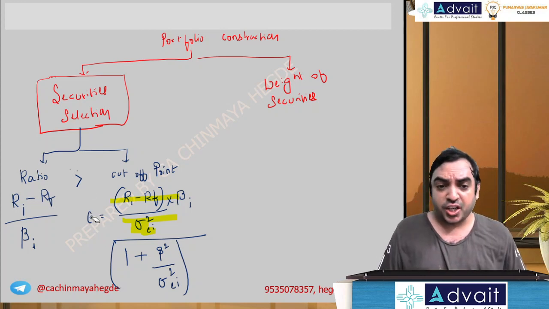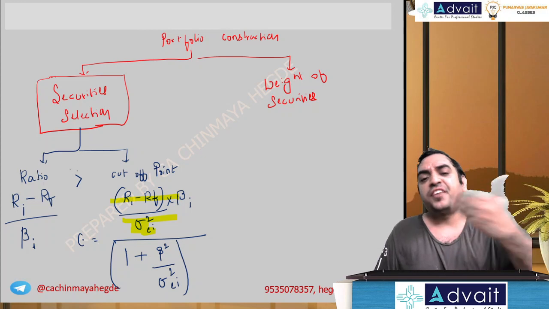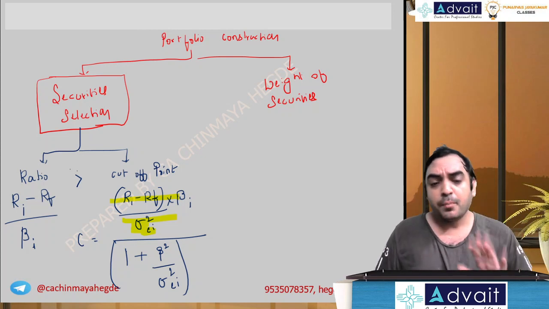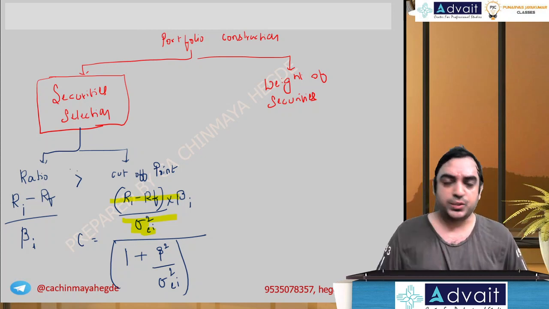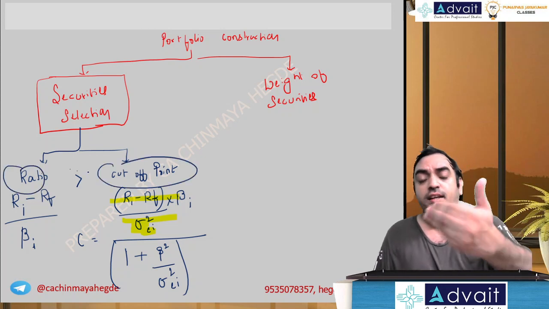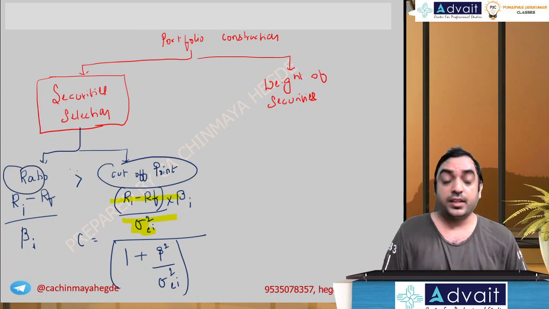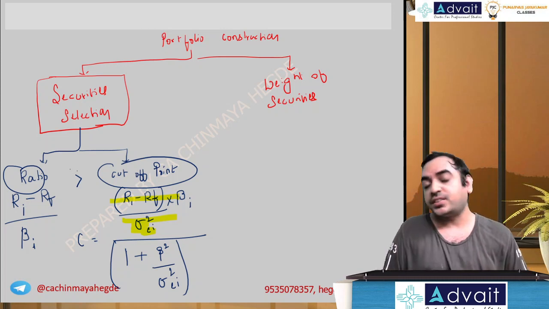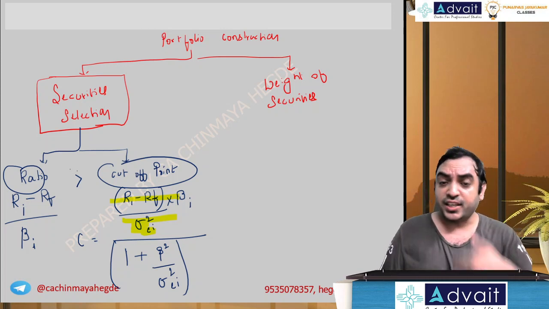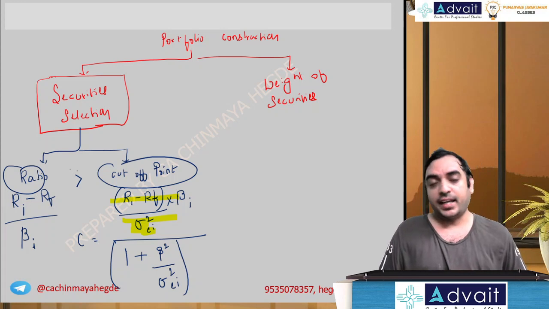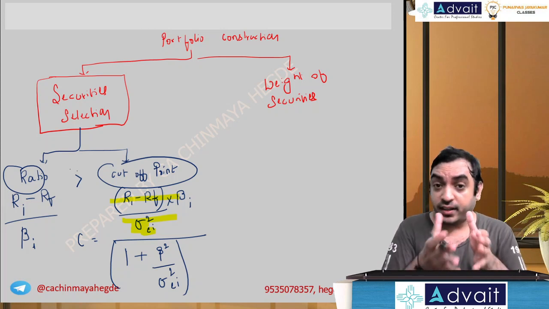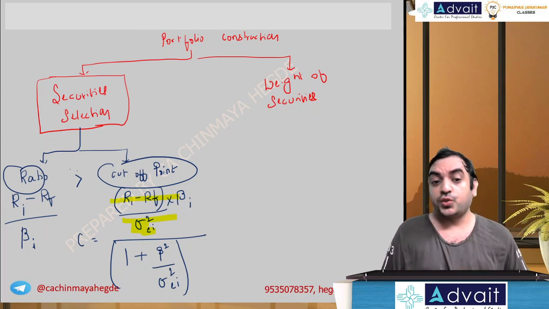Okay, actually cutoff point, it's not just like this. We will be going in a slightly different manner. But this is the obvious, these are the two things which are required. So wherever the ratio is more than the cutoff point, then we will be selecting those securities. Then once you select the securities, the weight of the security will be calculated. Even in cutoff point, this calculation is not so easy.